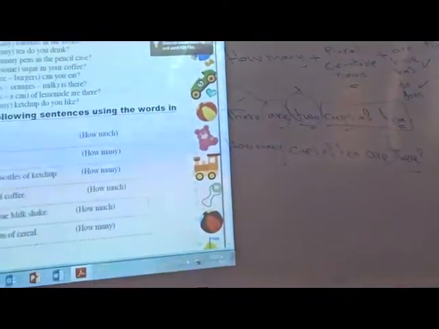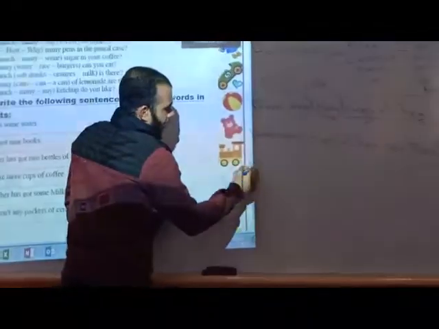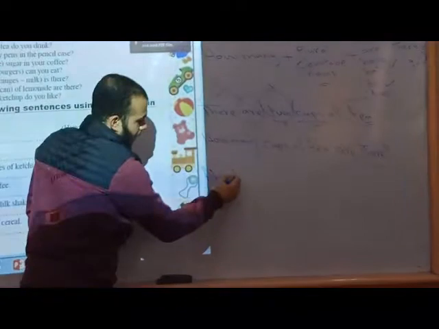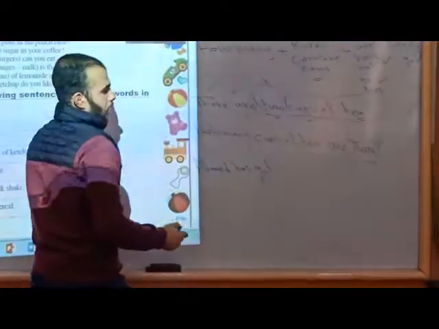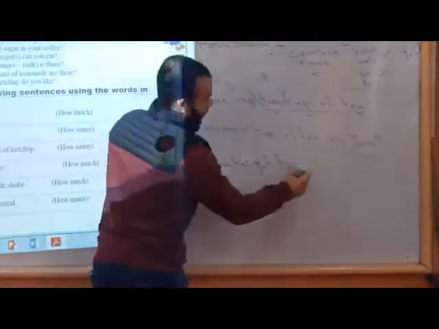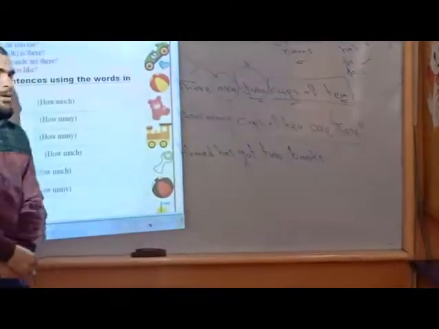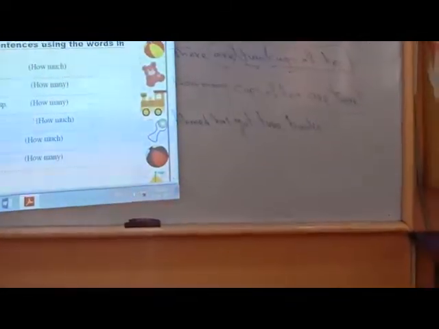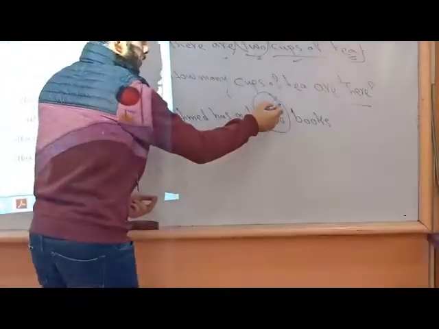Let's see another sentence. If I said, Ahmed has got 2 books. Use how many? As I said, we use how many to ask about the numbers. The number here is 2.